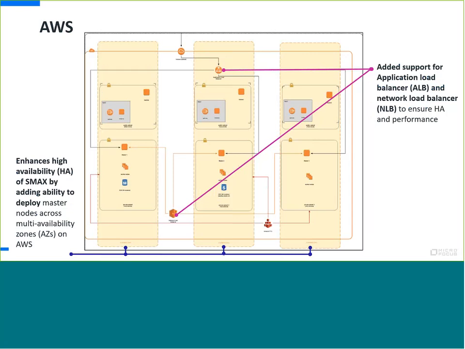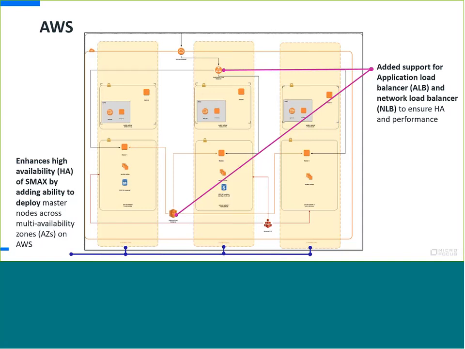That means when you have 3 master nodes for running the SMAX suite on AWS, all 3 master nodes can be deployed in 3 separate availability zones. This ensures HA, so the suite is highly available in case one AZ within AWS goes down, and at the same time it will improve performance.